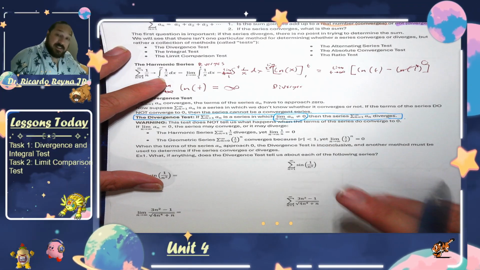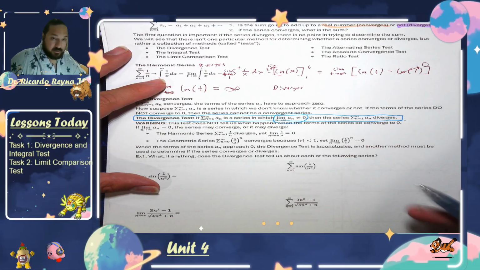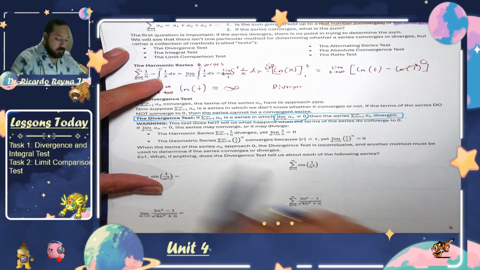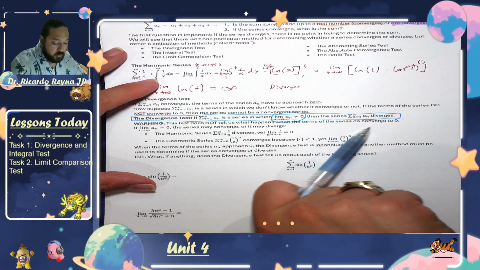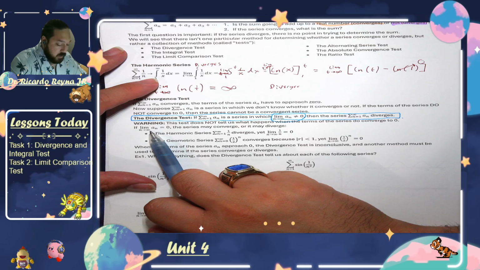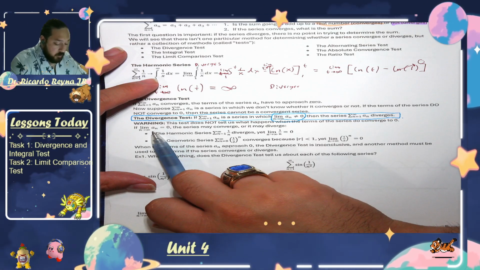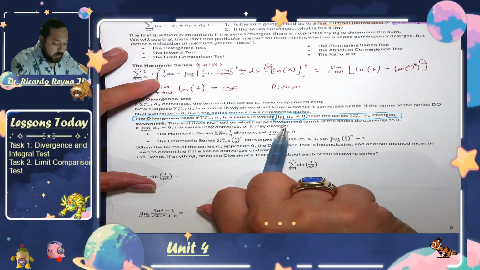Now, this is not necessarily an if and else. It's just an if. This test does not tell us what happens when the terms do converge to 0. If the limit as n goes to infinity of a series goes to 0, the series may converge or diverge.